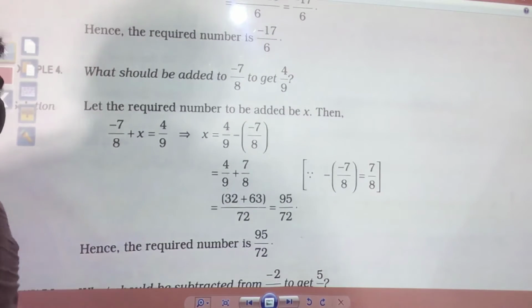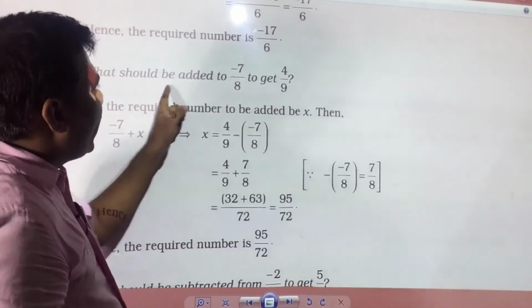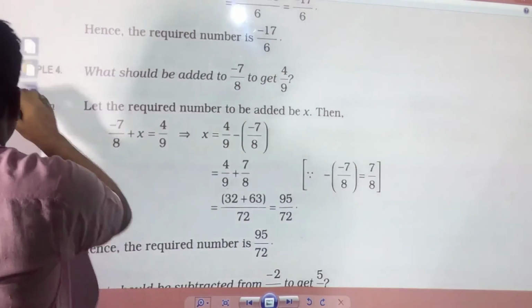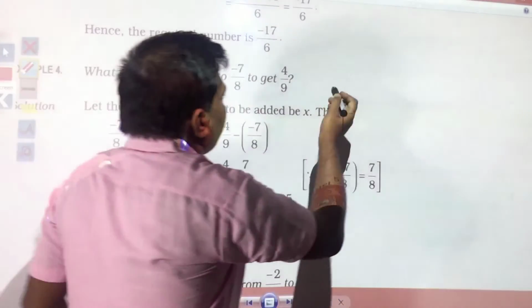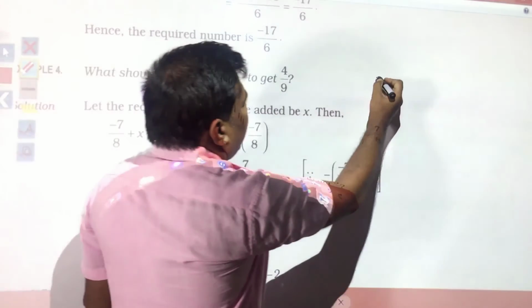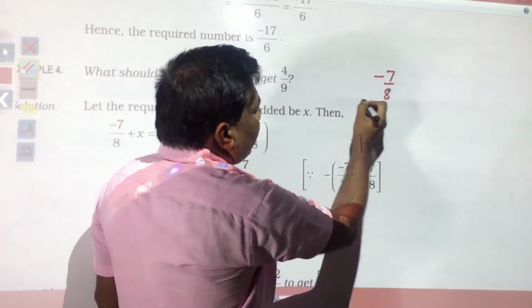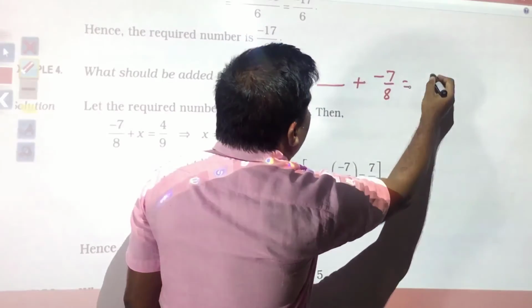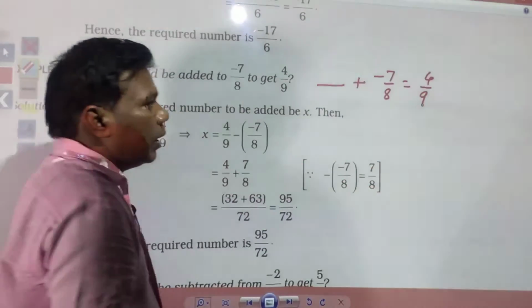Next example you have: what should be added to minus 7 by 8 to get 4 by 9? Again try to understand. Minus 7 by 8 you have, and which number is required to be added so that you get the sum 4 by 9.